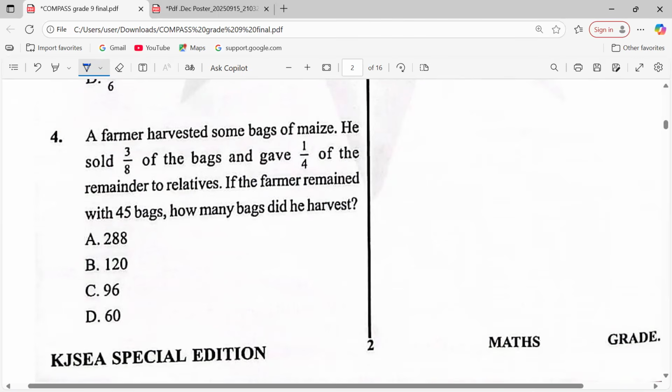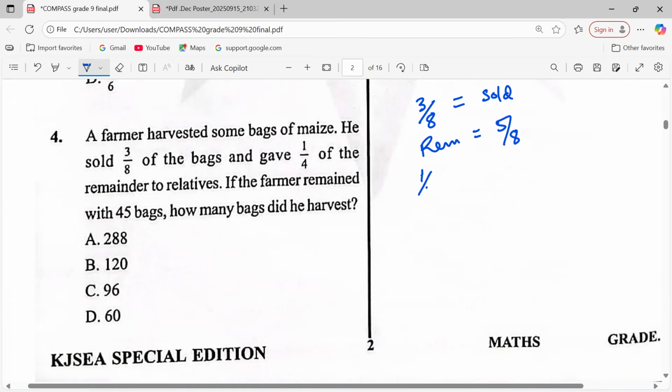So let's talk about the first 3 out of 8. These were sold, meaning that the remainder is which fraction? 3 over 8 proportions have been sold, meaning that we remain with 5 over 8 proportions. This is the remainder.